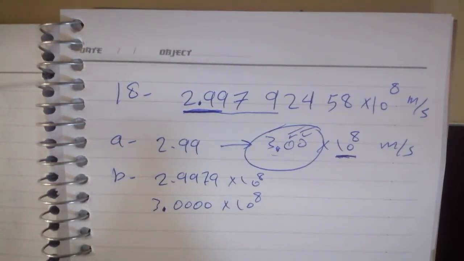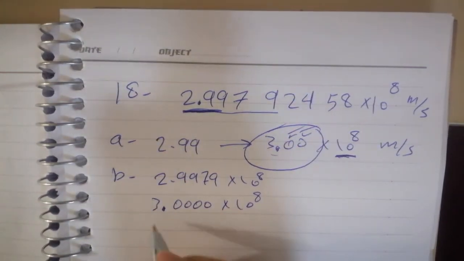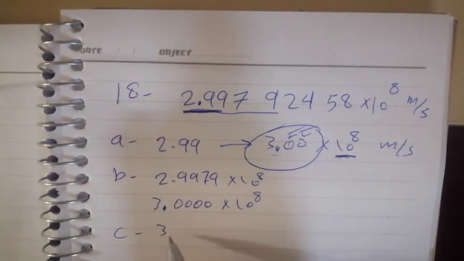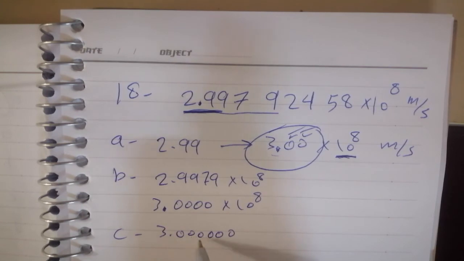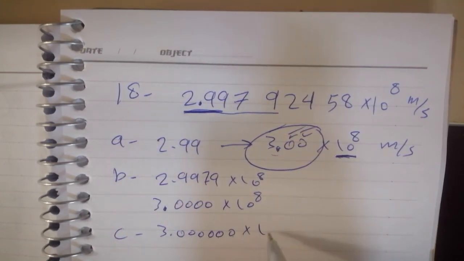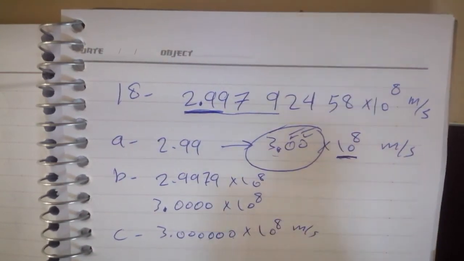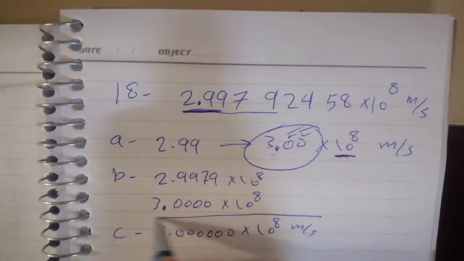Okay, what is the final one? The final one says with 7 significant figures. I can do the same thing. I can just write down C equals 2.997925, that's 7, right? 1, 2, 3, 4, 5, 6, 7. That's 7 significant figures, times 10 to the power 8 meters per second. That's if you want to do it approximately.